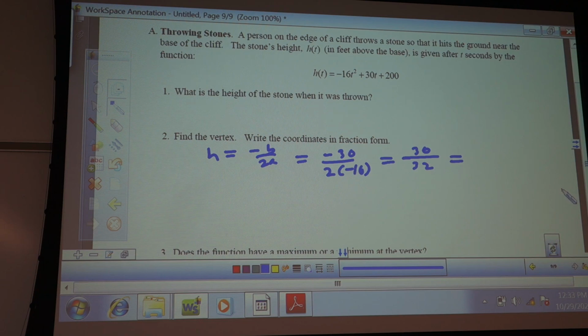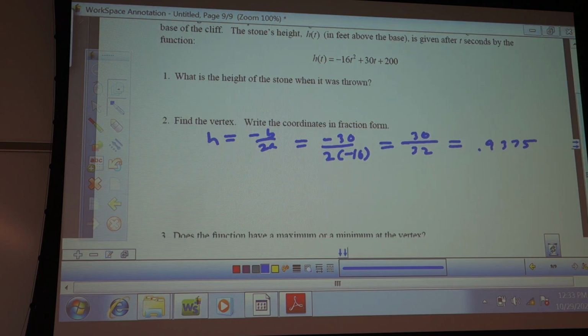What is that? What is 30 divided by 32? Uh, 0.9375. Okay, great. She's just showing us how to do it in decimal form. That way you have it for the exam.